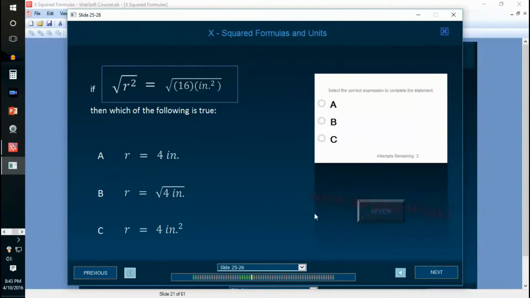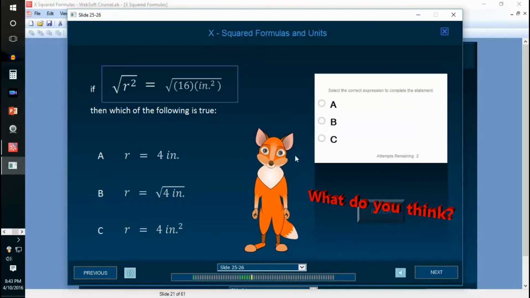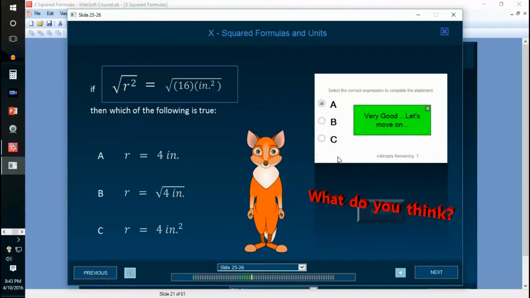If the square root of r squared equals the square root of 16 square inches, then which of the following is true? Very nice. Our calculations show that the radius is equal to 4 inches.